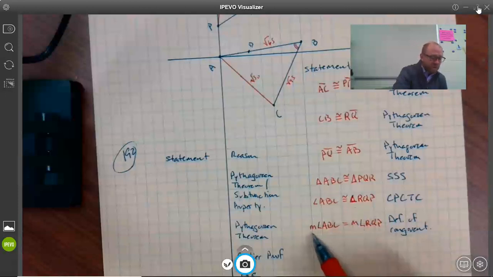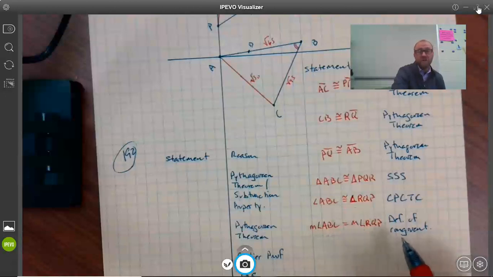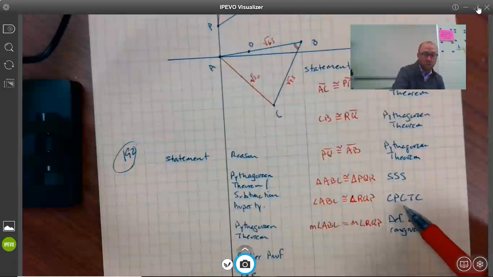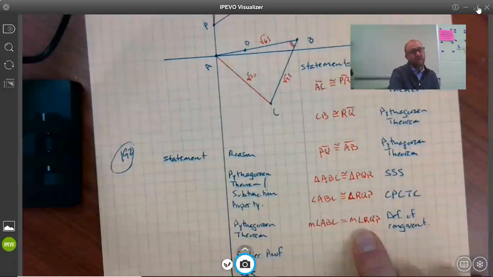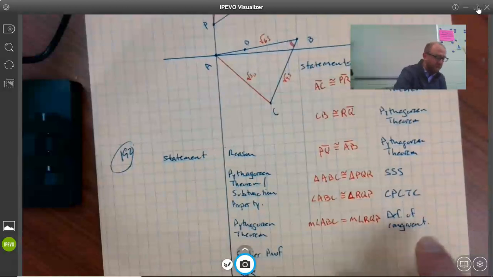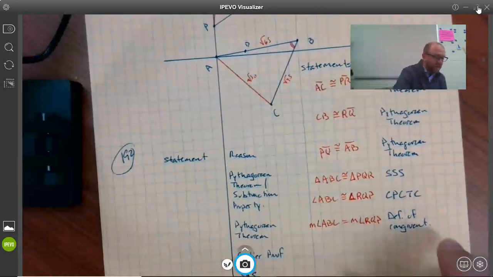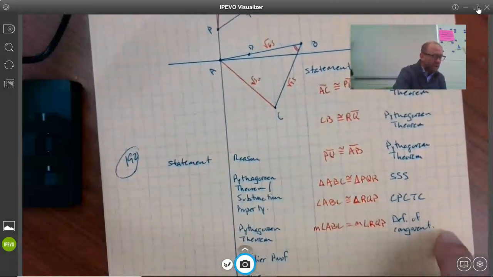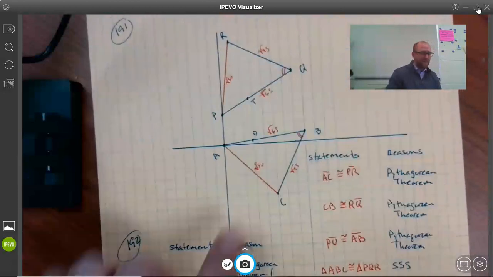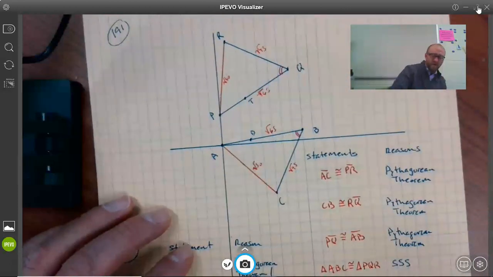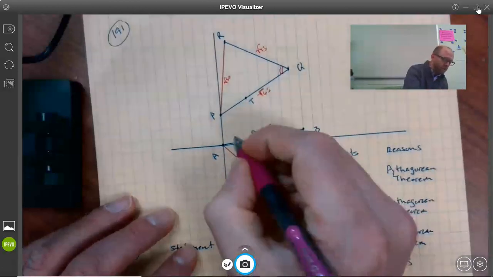So we come down here and we say, well, measure of angle ABC equals measure of angle RQP, definition of congruence. Right? So they're congruent, we concluded, because corresponding parts of congruent triangles are congruent, and to be congruent means that they're the same measure in this case. Right? Definition of congruence.